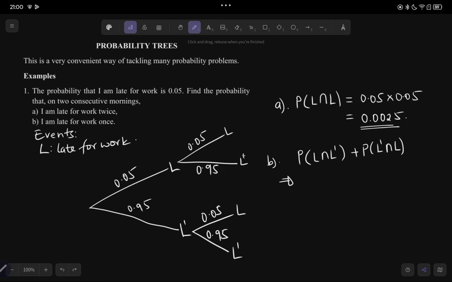So for the first one, you are using the first branch of late. That is 0.05. Then not late, which is 0.95. Or you begin with not late as 0.95, then late on the second morning, 0.05.